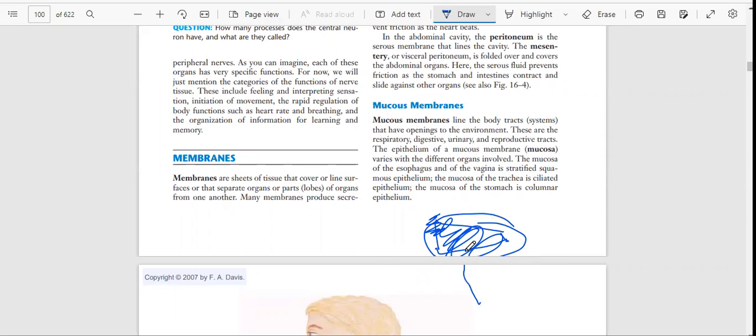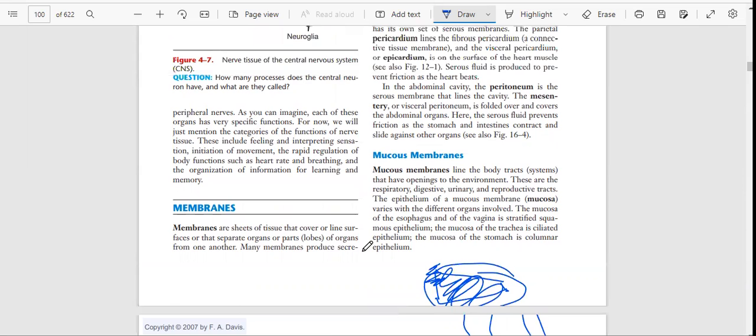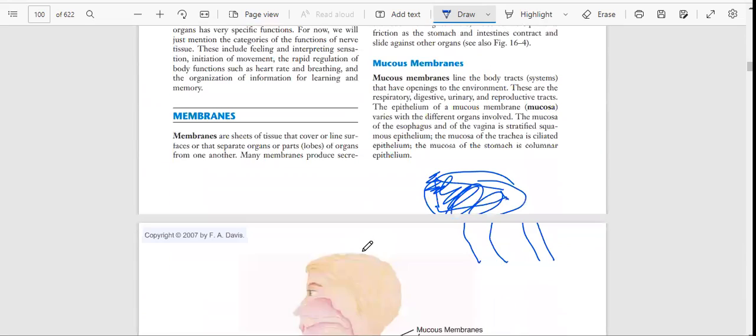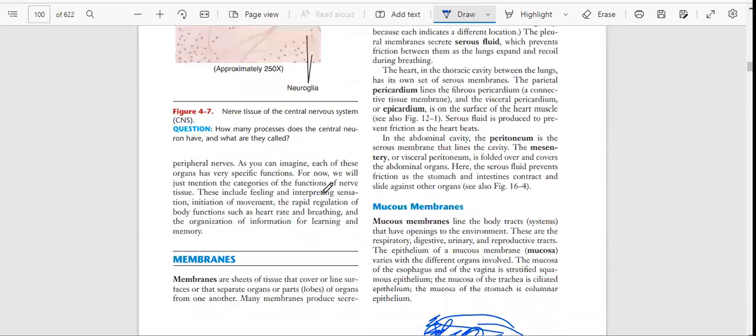Because other organs or other things will not enter easily, and other organs will not attach easily. So functional disturbance and structural disturbance will not happen if there is a membrane. That is the reason we have coverings of those organs with membranes.